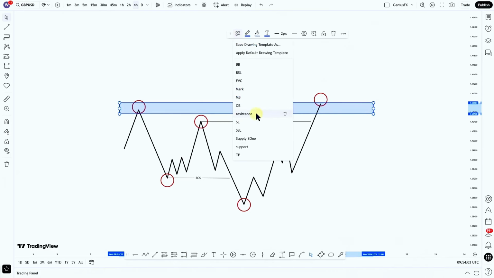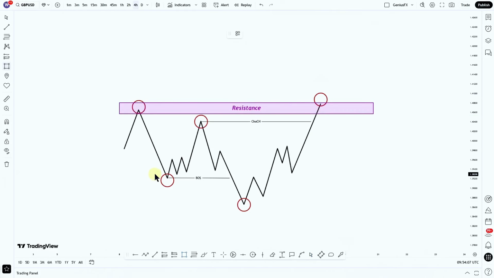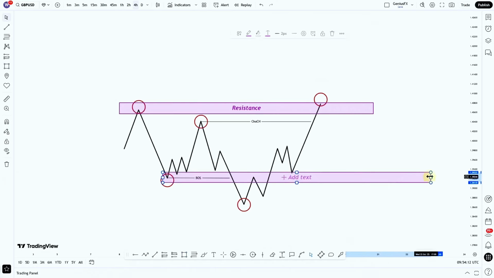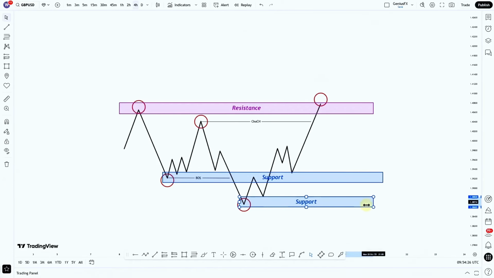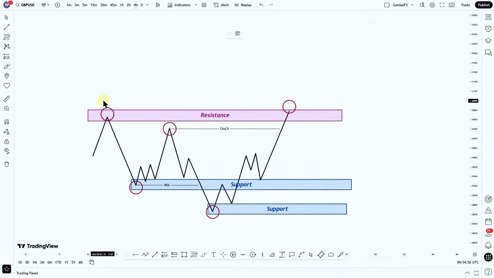So here, that is our resistance. Here is a support. And here too is a support. These are your area of interest. And the price is more likely to react at these areas.